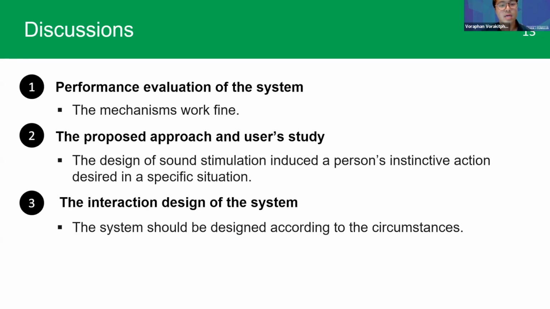And for the proposed approach, the reviewer raised the question of how our approach can be used in broader situations, such as the supermarket, department store, train station or the park. So here we categorize our experiment into categories to solve this issue.